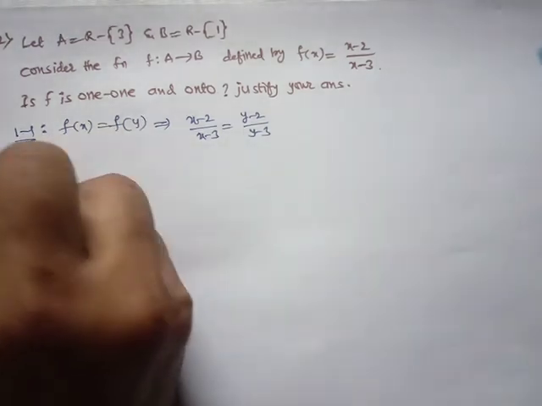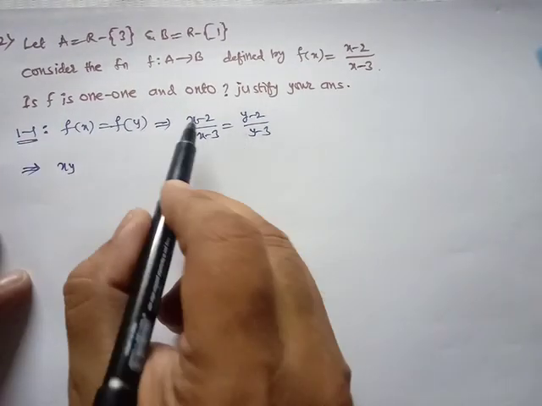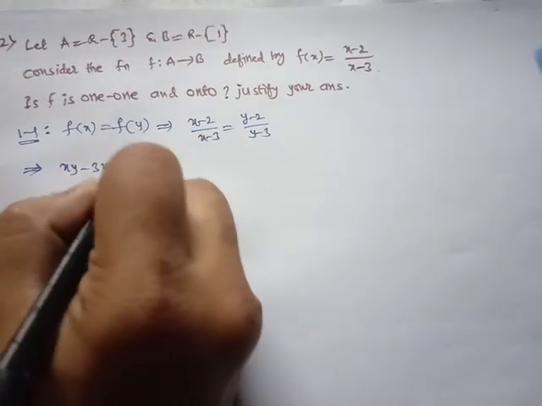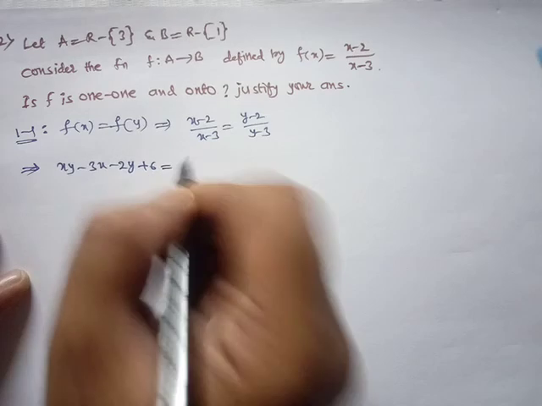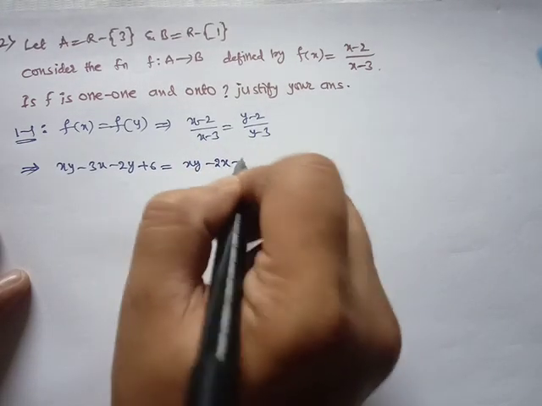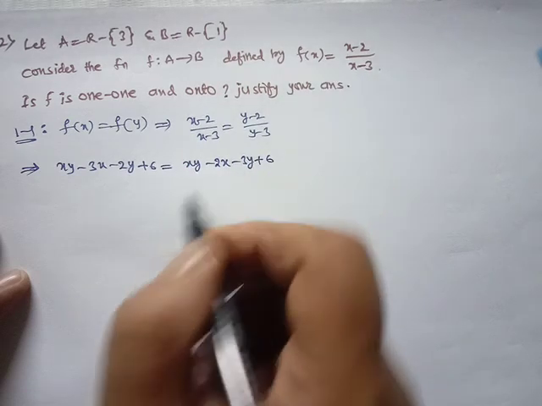Now cross multiplying both sides, xy minus 3x minus 2y plus 6 is equal to xy minus 2x minus 3y plus 6.